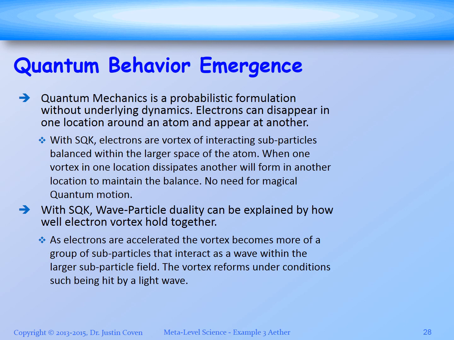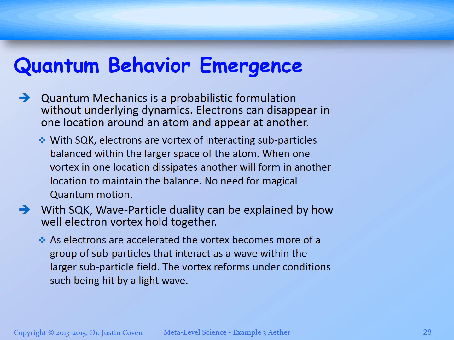Quantum behavior emergence. Quantum mechanics is a probabilistic formulation without underlying dynamics. Electrons can disappear in one location around an atom and appear at another. With subquantum kinetics, electrons are vortexes of interacting subparticles balanced within a larger space of the atom where there are a multitude of other vortices.